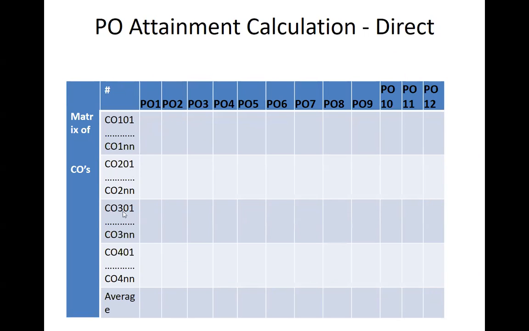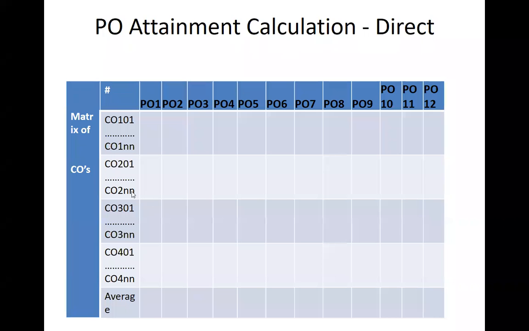You have to do it for all the 4 years. Take the average for PO1, PO2 up to PO12. And you can fix the level of attainment of the program outcomes also, the same way you fix the level of attainment for the course outcomes. Okay, with this, we come to the end of this attainment calculation for course outcome and the program outcomes.